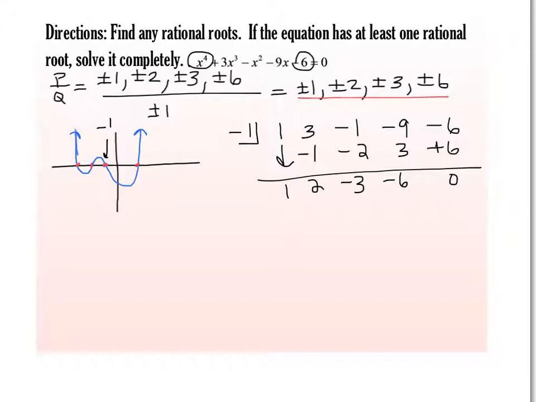So it is a root because it divides evenly. And what this means is we have the factored polynomial x plus 1, because our root is -1, and then what's left over from this synthetic division right here. So that's x cubed, 1 degree less, plus 2x squared minus 3x minus 6.